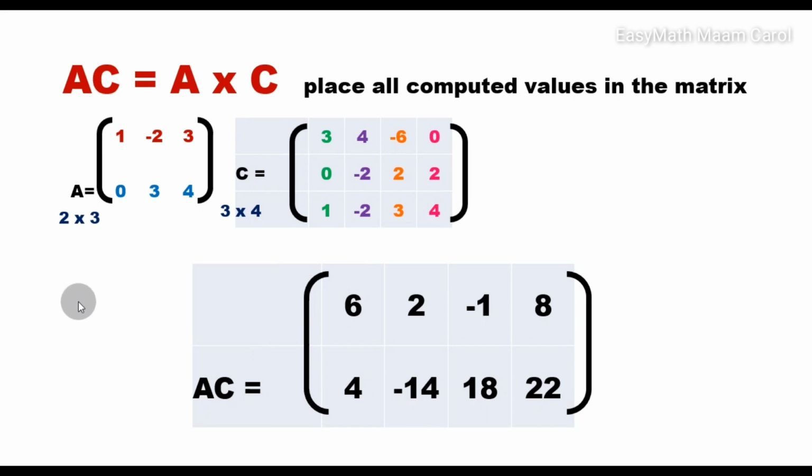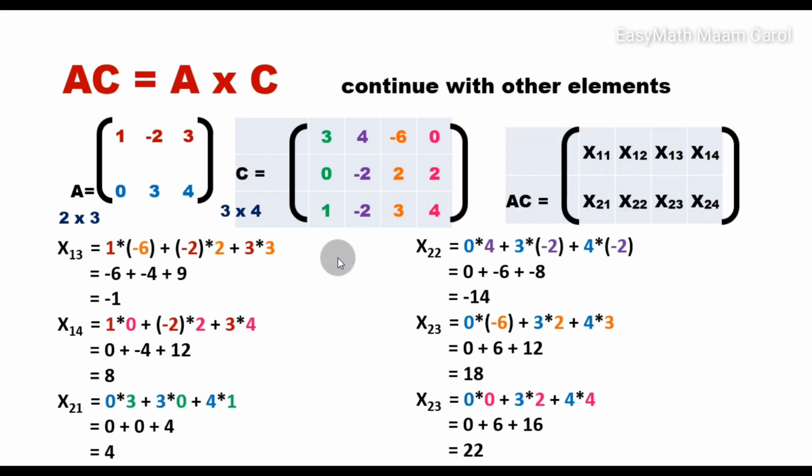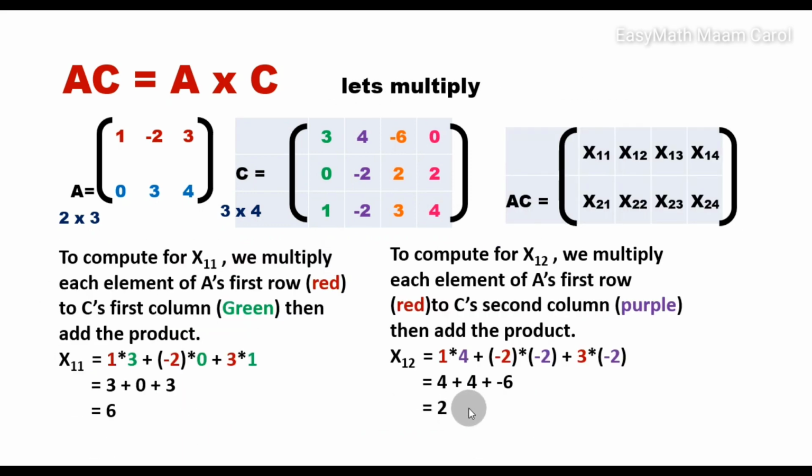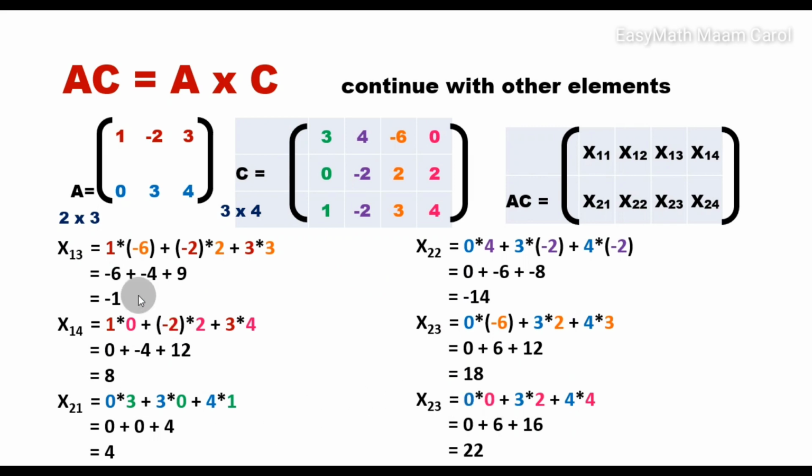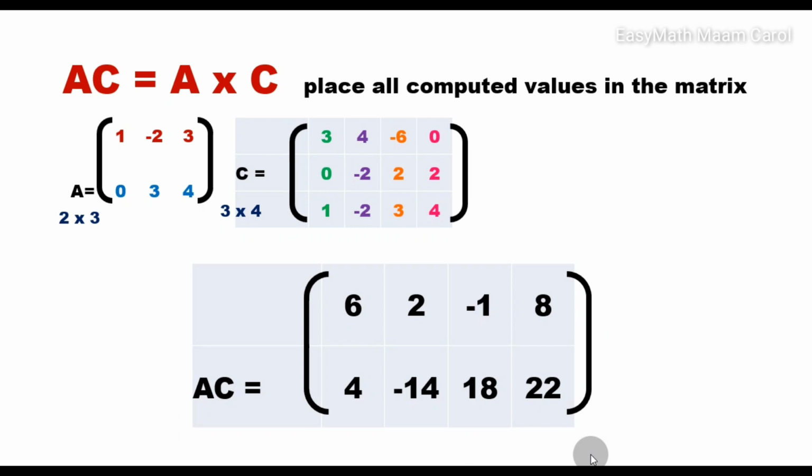So, yung mga answer natin kanina dun sa, ito, yung 6, 2, -1, 8, 4, -14, 18, 22. Ipapasok na natin siya dito. So, eto na siya. So, 6, 2, -1, 8, 4, -14, 18, at saka 22. So, this is the answer para dun sa matrix multiplication na AC.